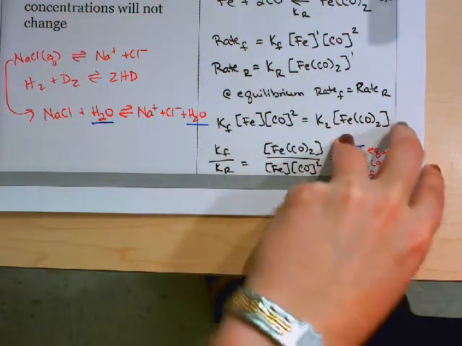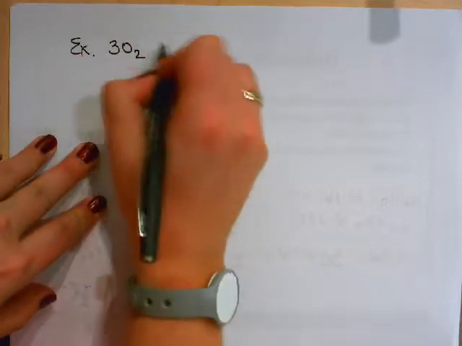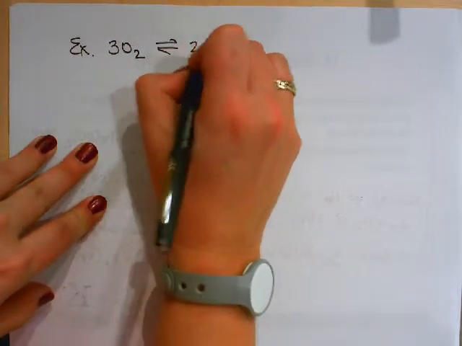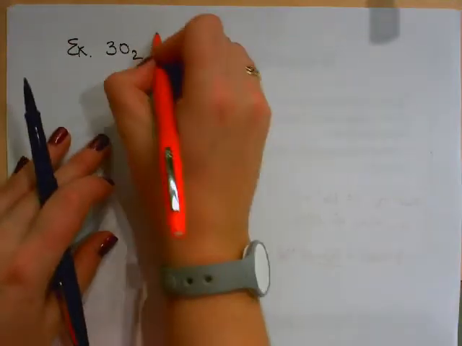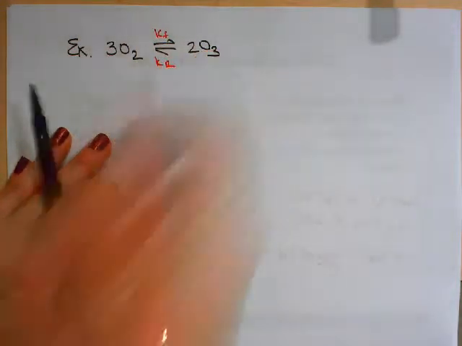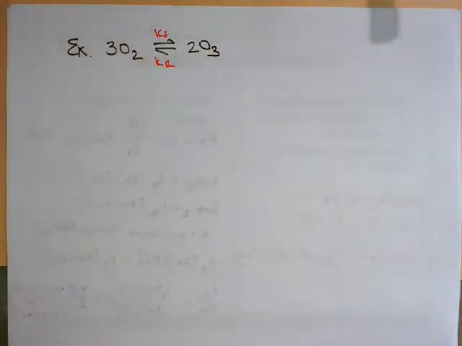Alright, let's do a few more practice things, then we'll talk some more. Let's say I have 3 oxygens making 2 ozones on my forward and reverse reaction.